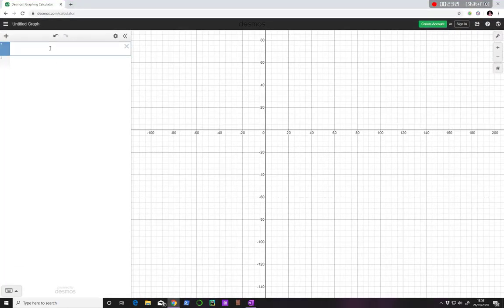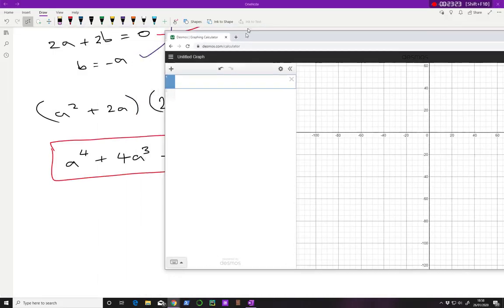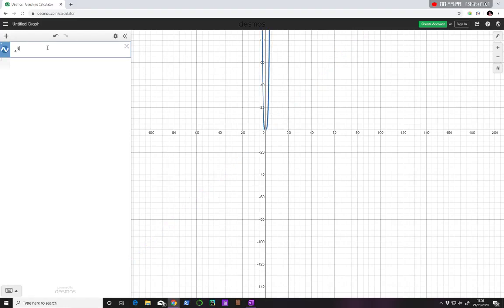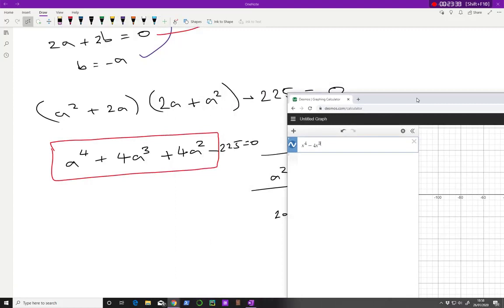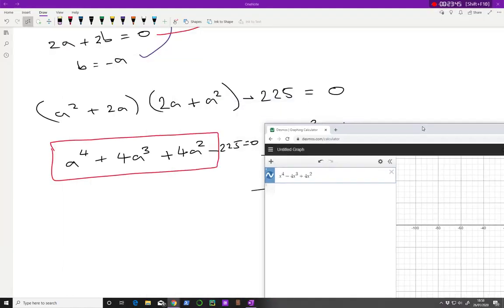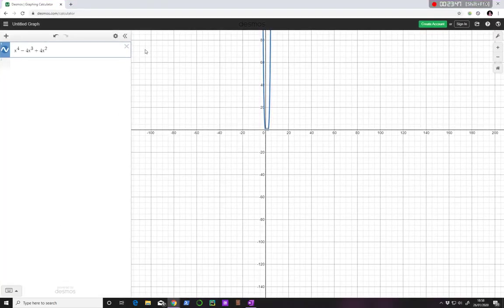Okay, so we have x to the power 4 minus 4x cubed plus 4x squared minus 225.